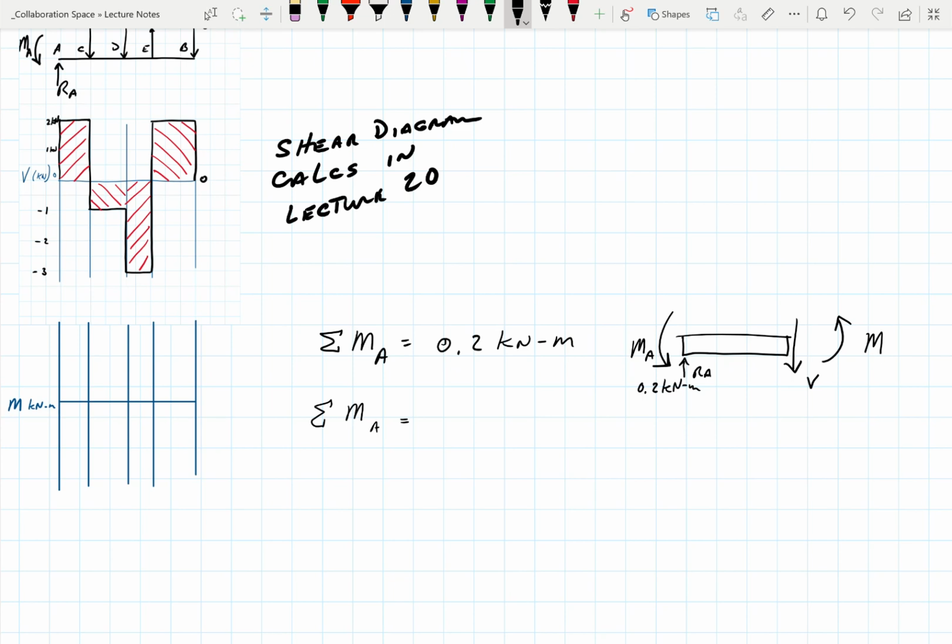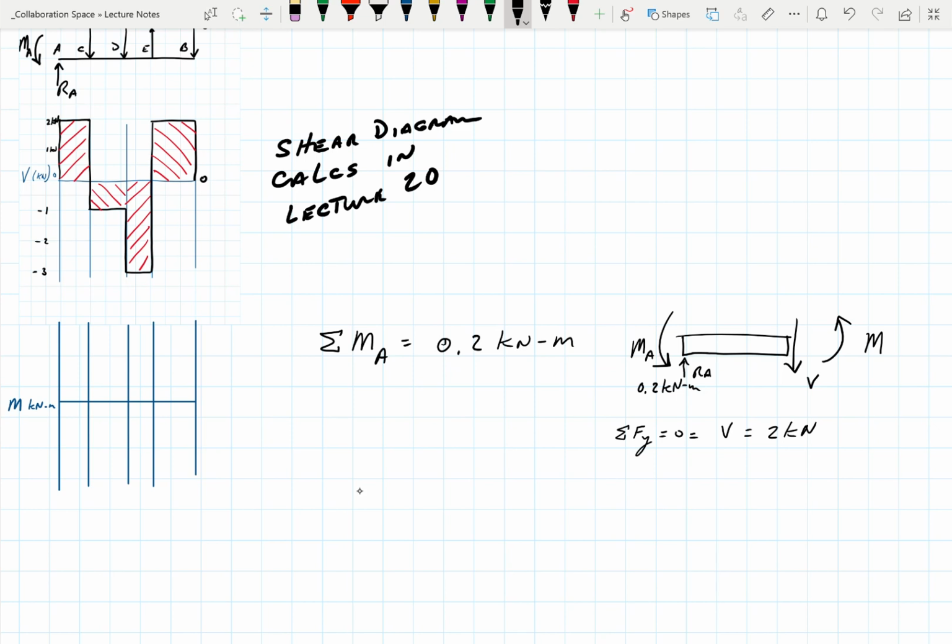Make sure I got everything right here. Okay, so let me get rid of you for a minute. Sum of the forces in Y is equal to 0, equal to V, which at that far point will be 2 kilonewtons, okay? Out at C is where we're heading.